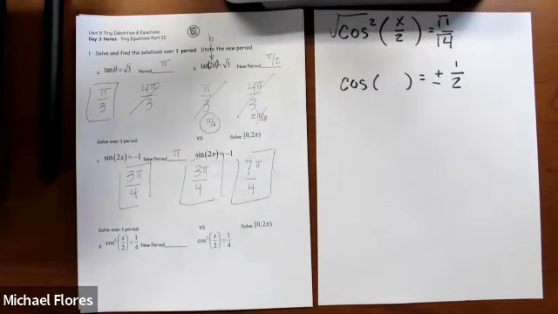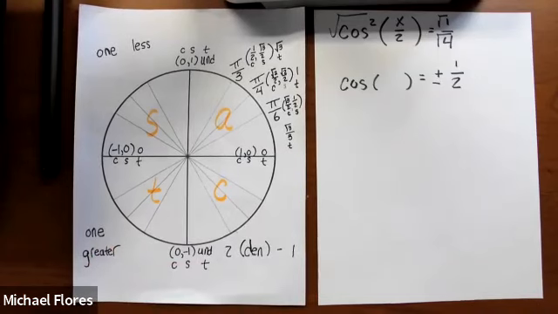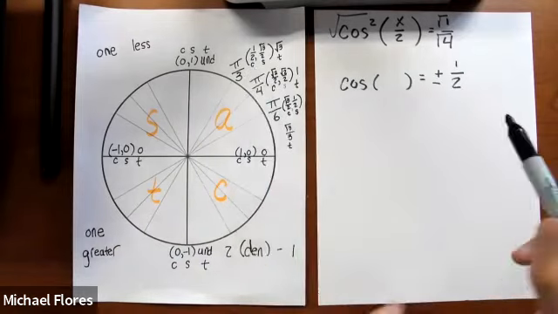What we want to do is figure out where in our unit circle is cosine positive 1/2 and where is it negative 1/2, meaning we're going to have 4 answers here. When cosine is 1/2, that belongs to the pi over 3 family.